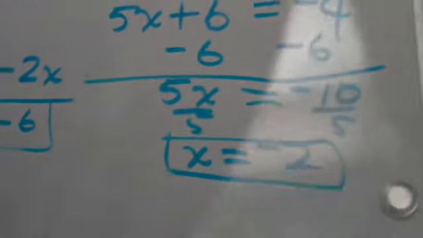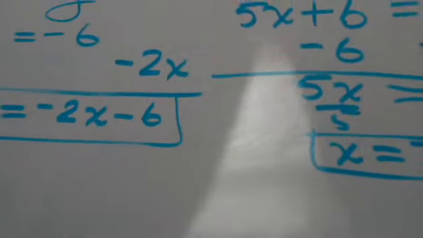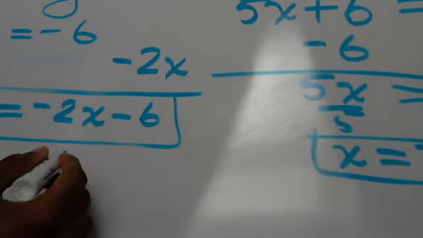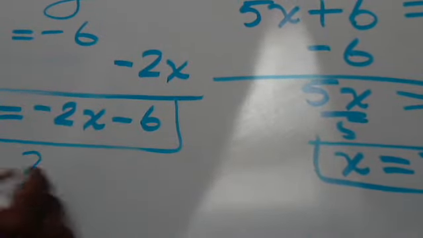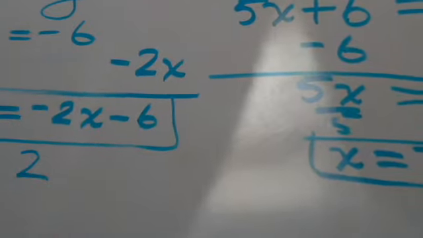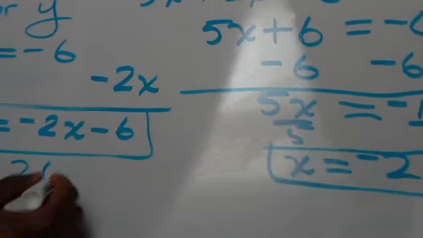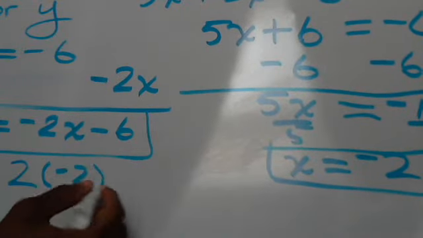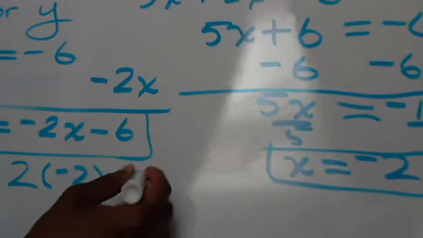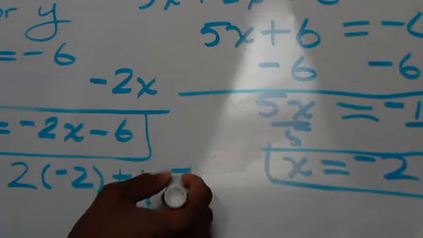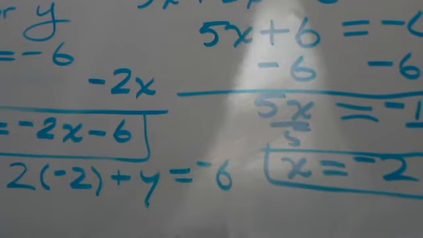So what does that look like? I'm going to have 2, now in place of x, I'm going to use -2. So 2 times -2 plus y is equal to -6.